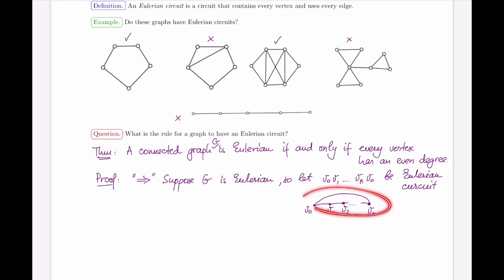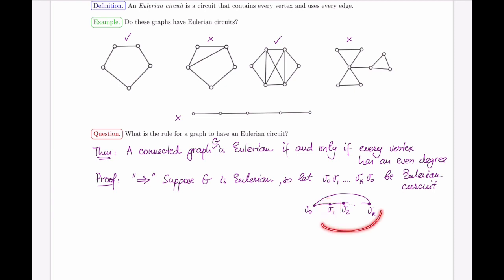Every time my Eulerian circuit passes through any vertex along it, it contributes 2 to the degree of that vertex. I have to be able to come in along an edge and come out along an edge, which means that I have to have 2 edges for every single vertex.